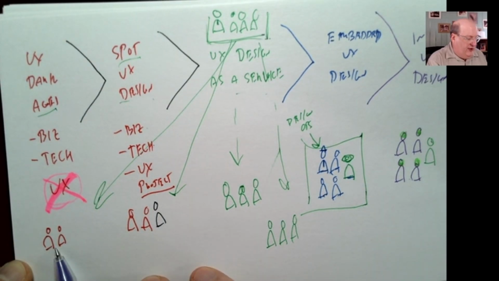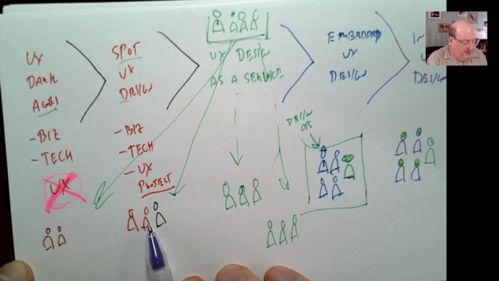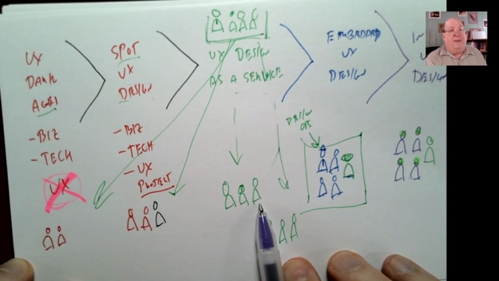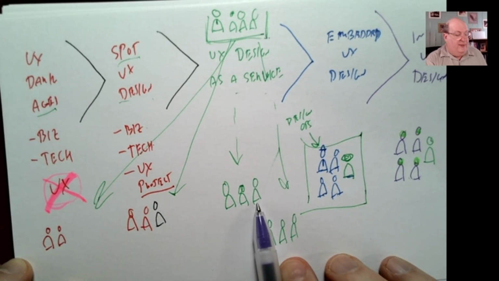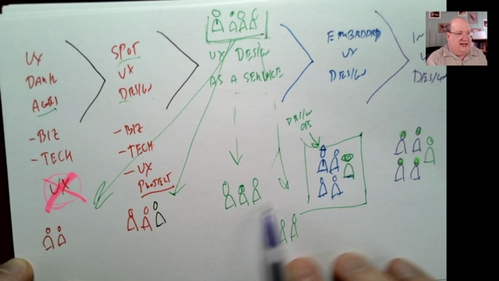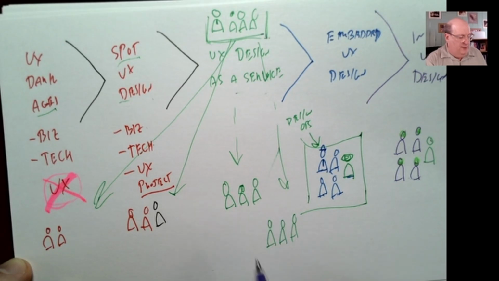Back here, they weren't thinking about it. Here, one of the people was thinking about it, but everybody else was trying not to. Here, people are thinking about it, they're doing it, but they're thinking about it in a very rote way of process and technique. It's focused on outputs, not outcomes.